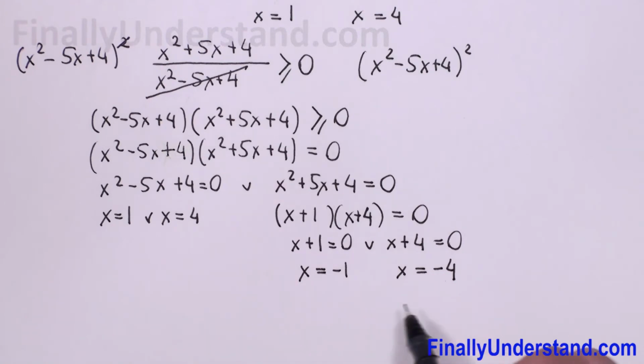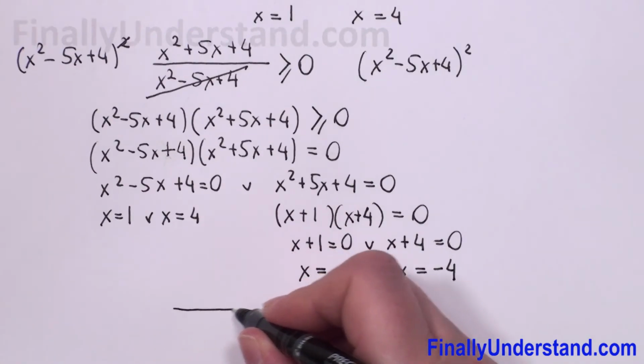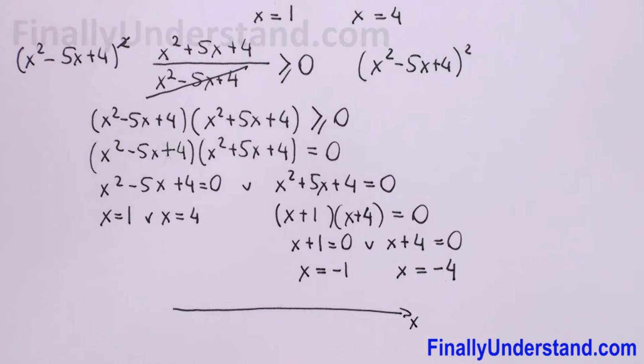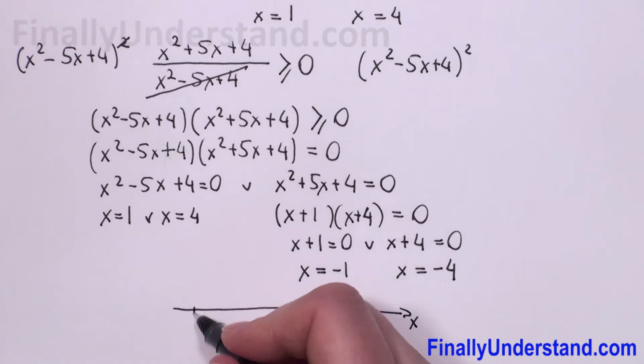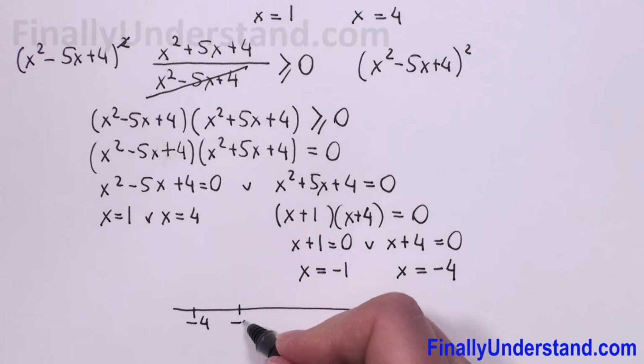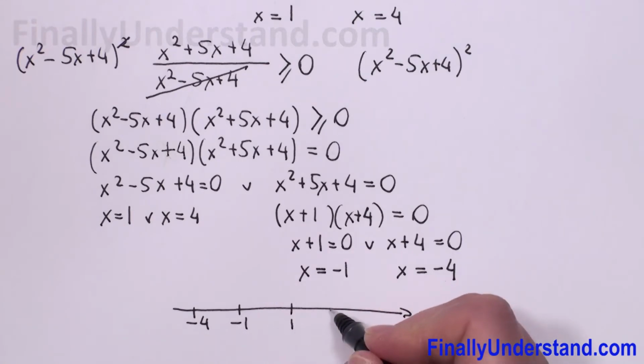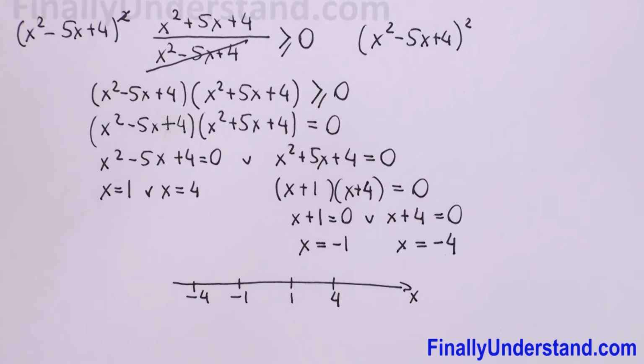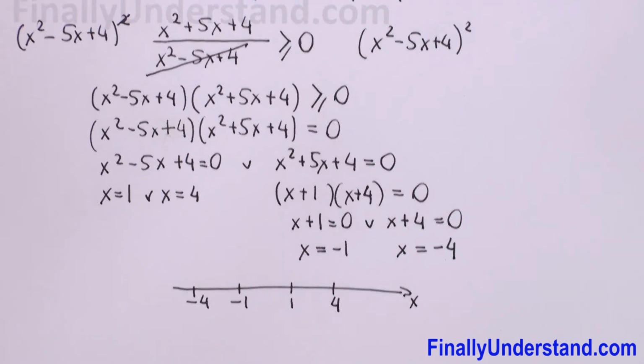We have roots. Now we can draw the number line x and we can place our roots. We have negative 4, negative 1, 1 and 4. Next we have to check how many times our roots repeat.